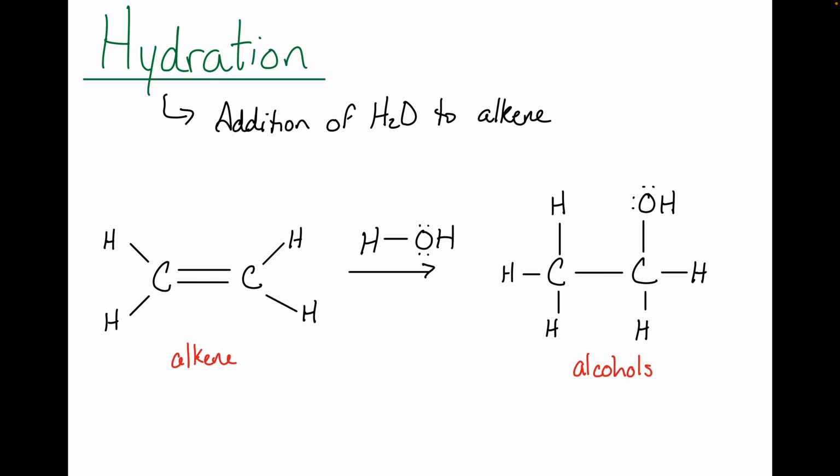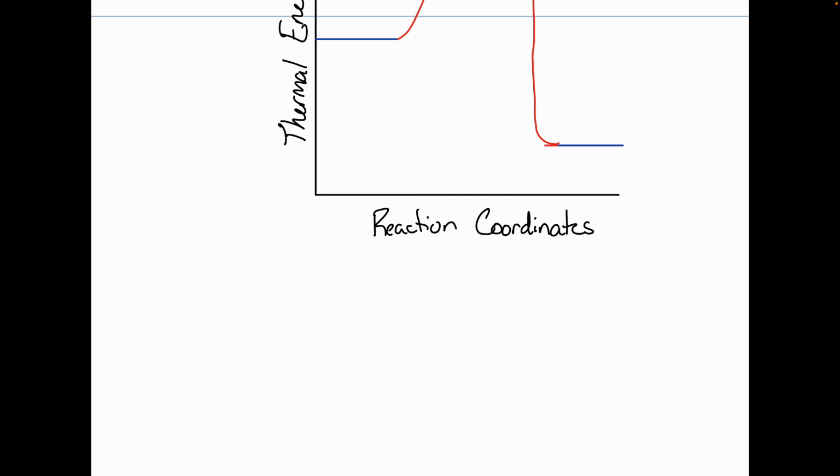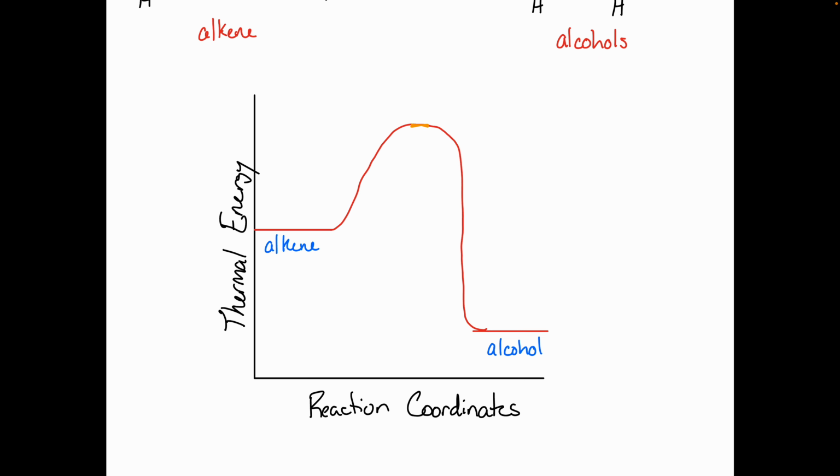All right, and remember with hydrogenation reactions, we took a look at our energy diagram here, and we can do the same thing for these hydration reactions. The difference being is we're starting up here with an alkene. But now our final product is an alcohol. And according to our diagram here, is this reaction favorable from a thermodynamic standpoint?